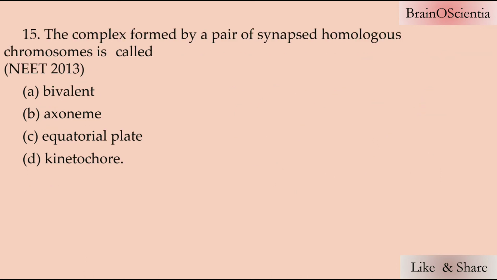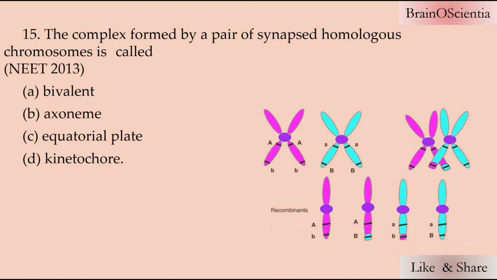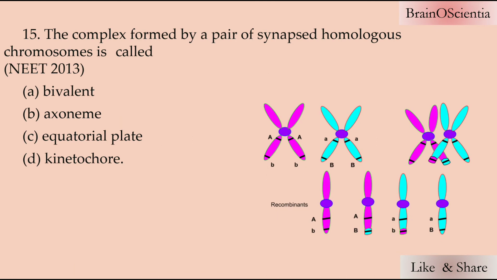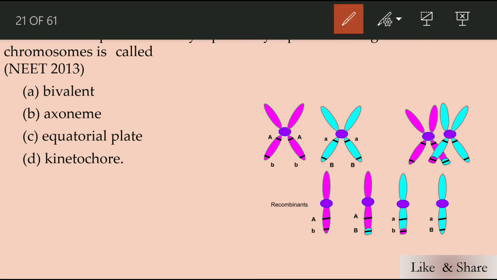The next question: the complex formed by a pair of synapsed homologous chromosomes is called? When homologous chromosomes come close together, they form a tetrad-like structure.